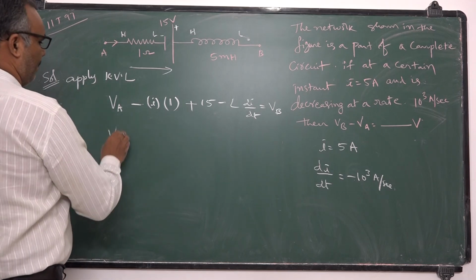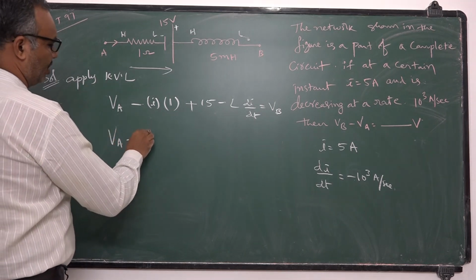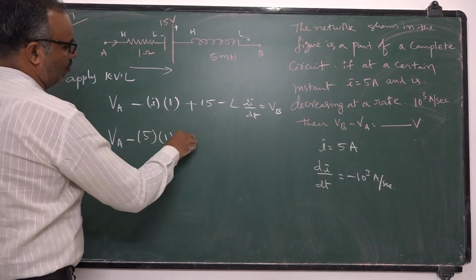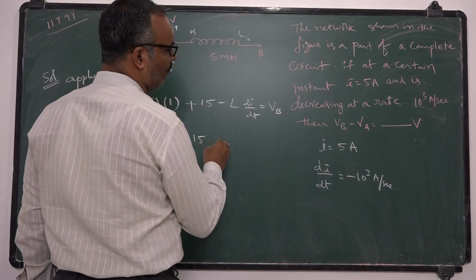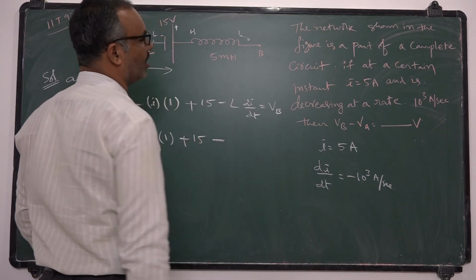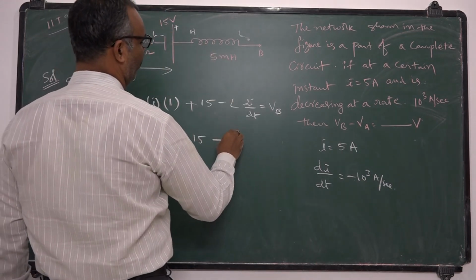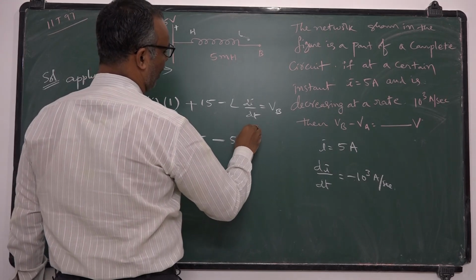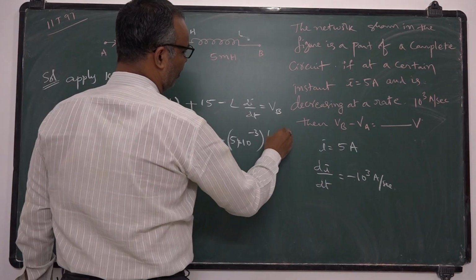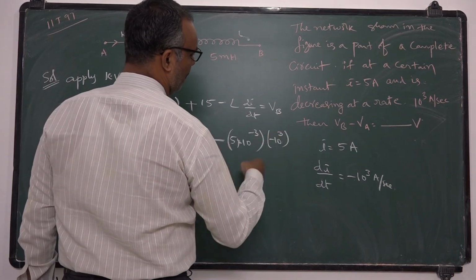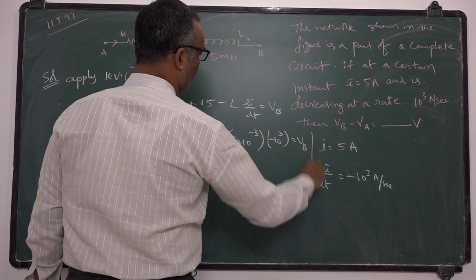Potential at A minus, strength of the current is 5, into 1, plus 15, minus inductance value, 5 millihenry they give, 5 into 10 power minus 3, into di by dt which is minus 10 cube, is equal to VB.